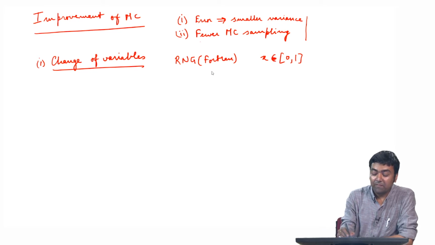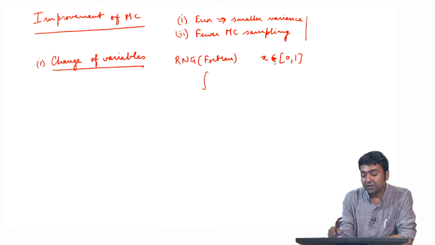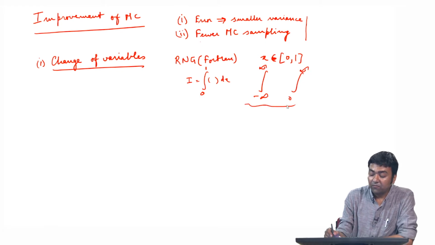But it might happen, and in many cases in physics you have seen, that the limits of integration differ. With this I can just have integrals whose limits are 0 and 1, but in many cases I have integrands whose limits extend from minus infinity to plus infinity or 0 to infinity. So, what do I do for these cases?